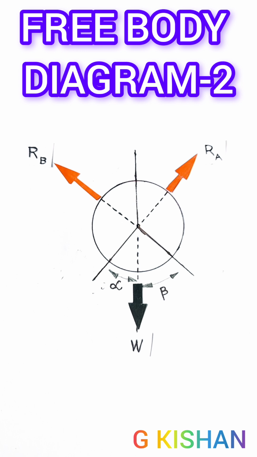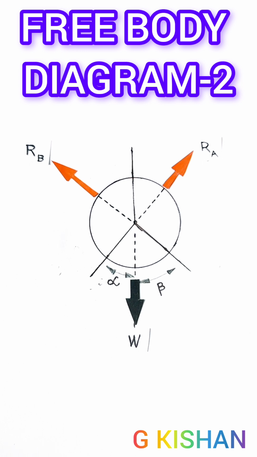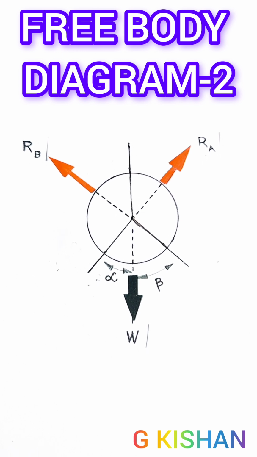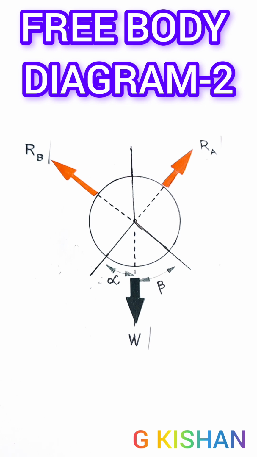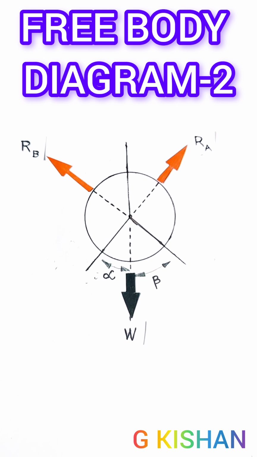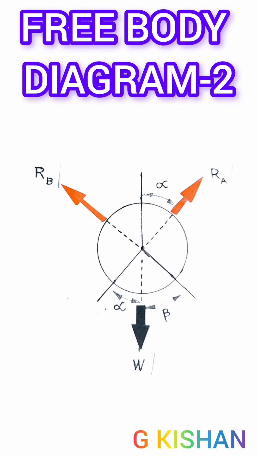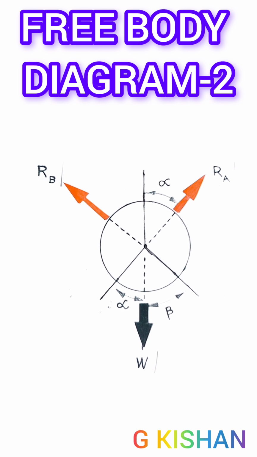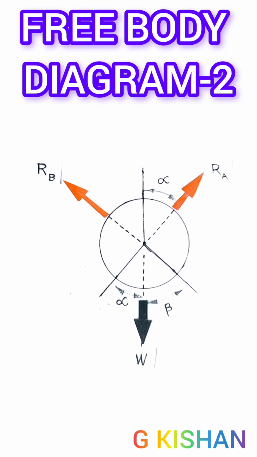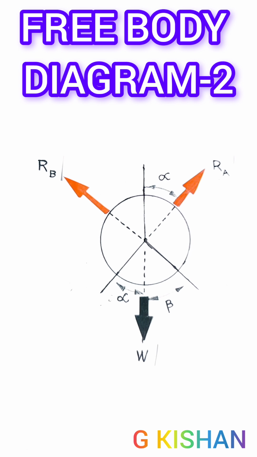The angle included in between the RA reaction force and the line of action of the weight force is also alpha. The angle included in between the RB reaction force and the line of action of the weight force is also beta.